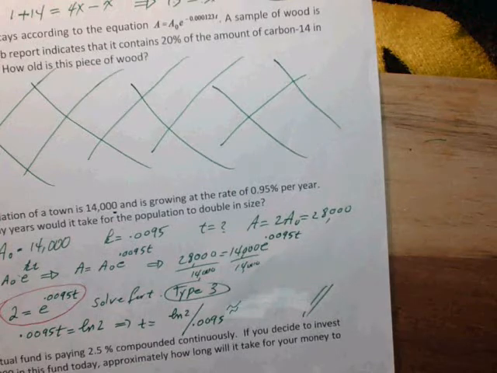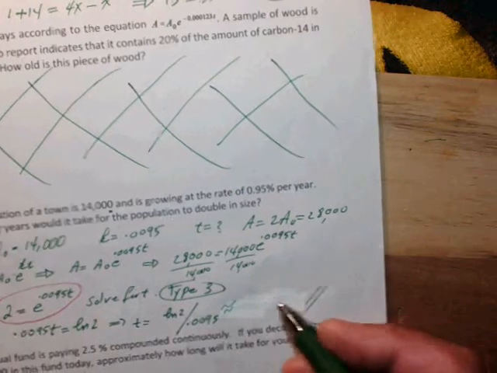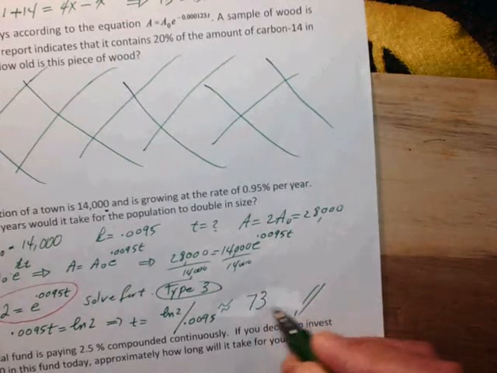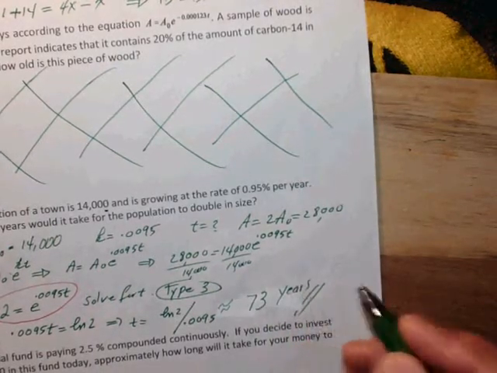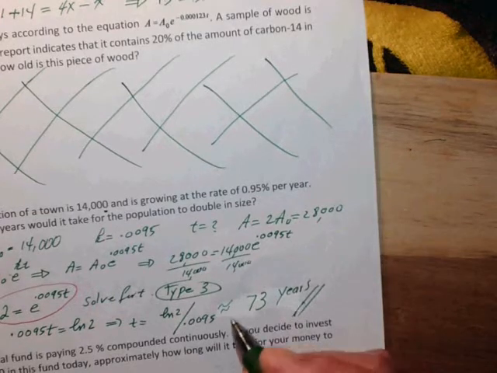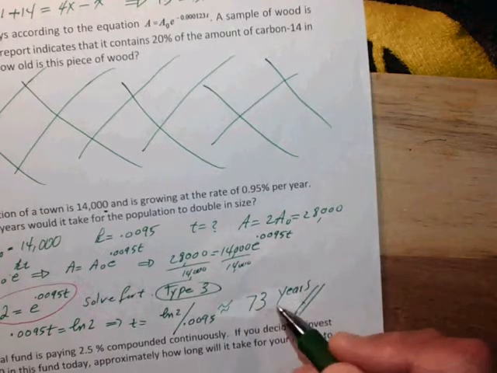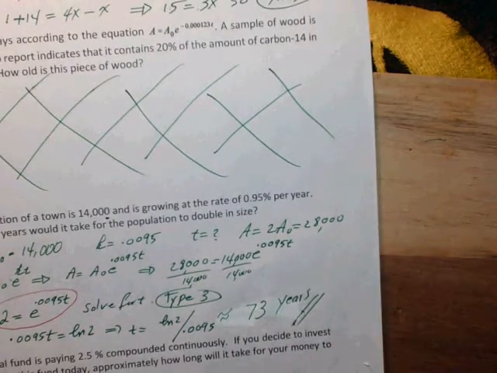Approximately about 73. That means the population of this town would be doubled in 73 years. Okay.